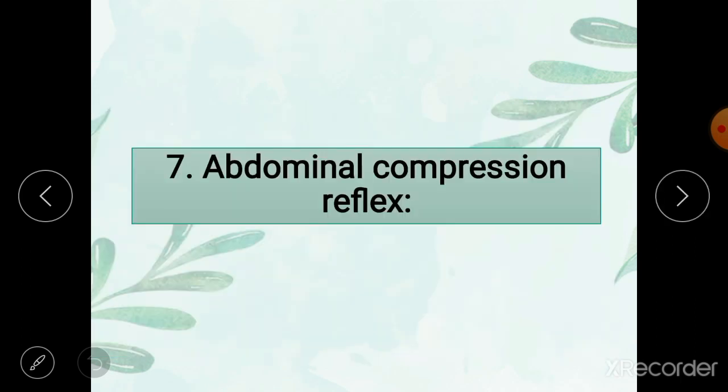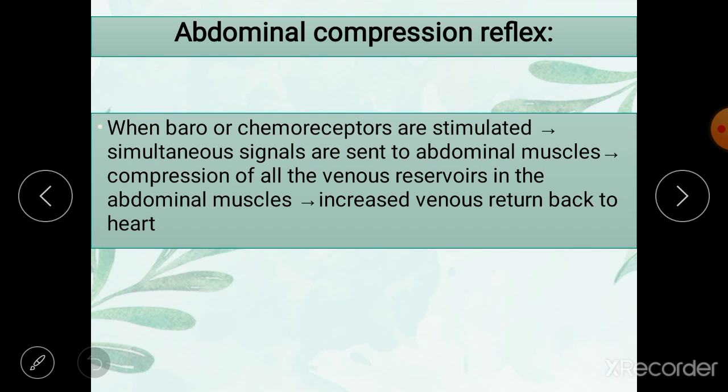Secondly, we have an abdominal compression reflex. What it does is that whenever there is an activation of baroreceptors or chemoreceptors due to reduced blood pressure, the nucleus of tractus solitarius is going to send signals to the muscles of your abdomen to make them contract. When your abdominal muscles contract, they are going to compress your liver, your spleen, and other veins within your abdomen.